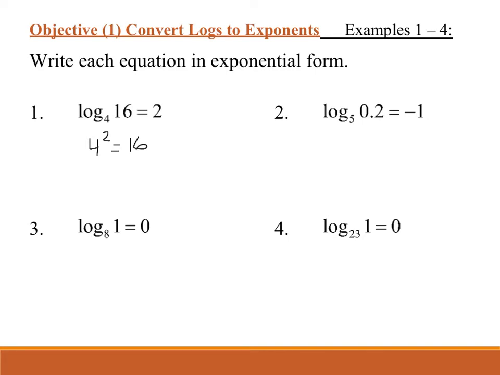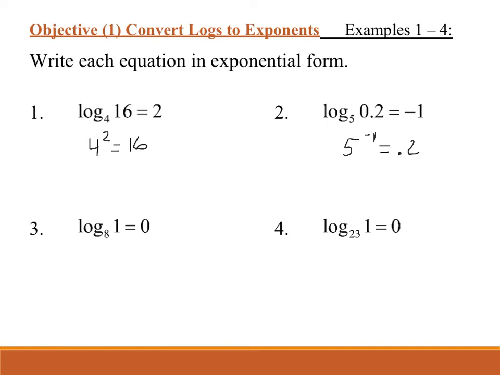We move to number 2. Again, the base number is 5 raised to the power of -1. So 5 raised to the -1 is equal to the number 0.2.